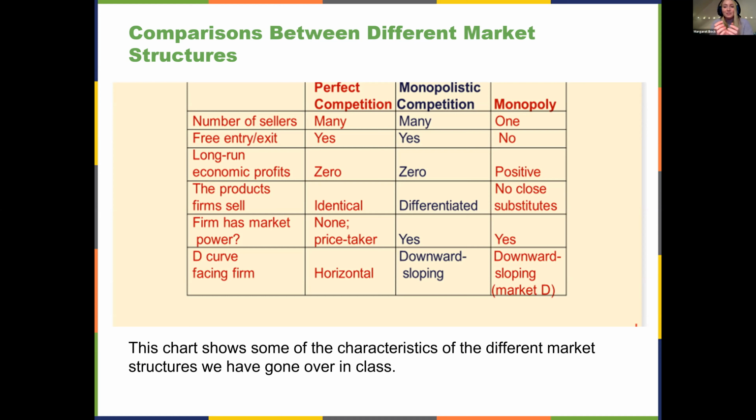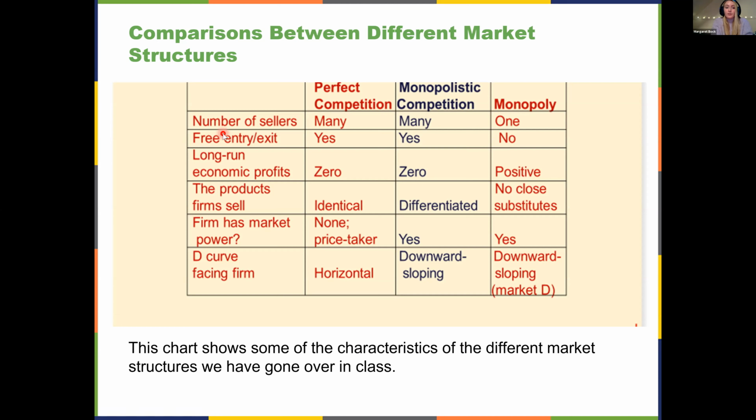Because monopolistic competition has both monopoly and competition in the name. So there are aspects of both of these two extremes that come together to make a monopolistic competition type market structure.